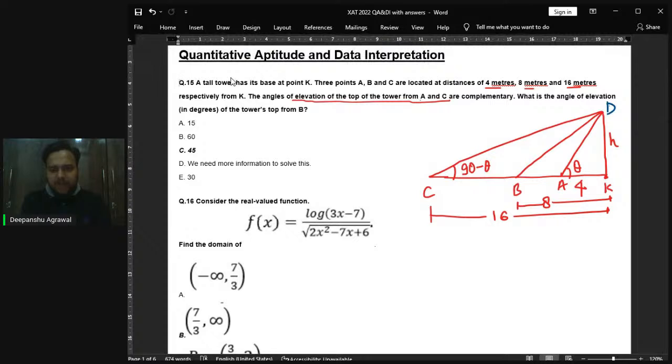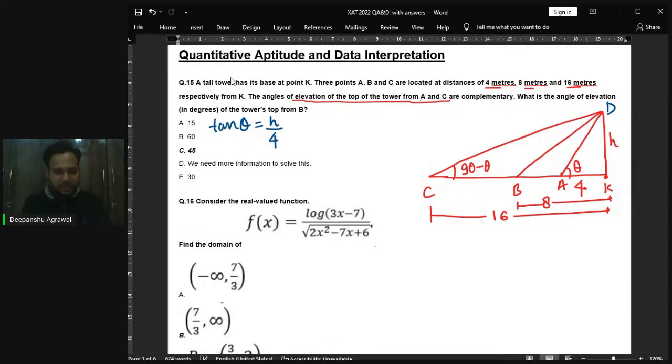So let's apply the trigonometric formula of tan, that is perpendicular upon base, in the first triangle. Okay. So that gives us the value of tan theta is equal to h, the height of the tower, divided by 4. Right.